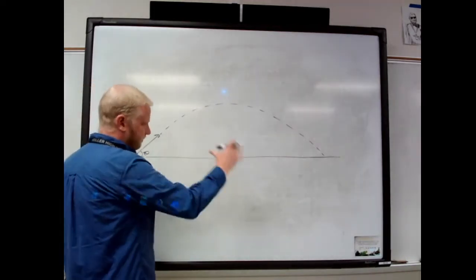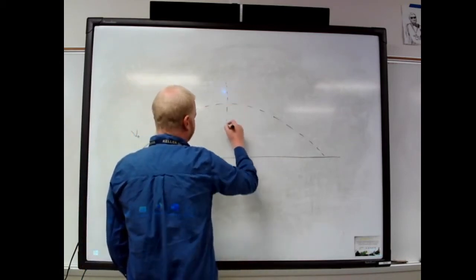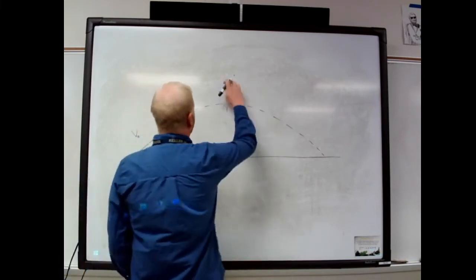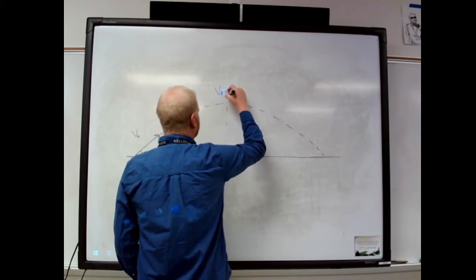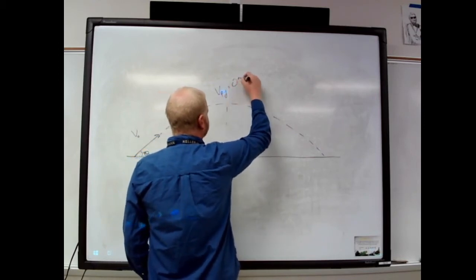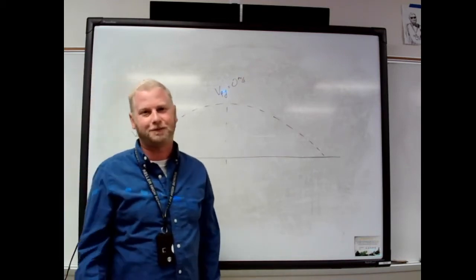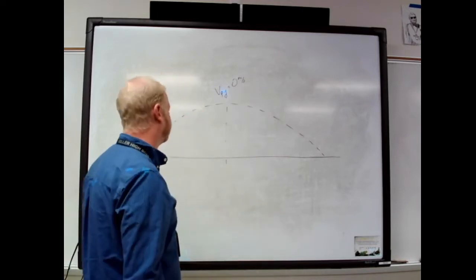Now, if we're analyzing what's going on, halfway through the motion here, it reaches the peak height. So what we can say is that the velocity at the peak in the vertical is 0 meters per second. Again, we've got to keep our dimensions separate. You've got to examine vertically on its own, and horizontally on its own.